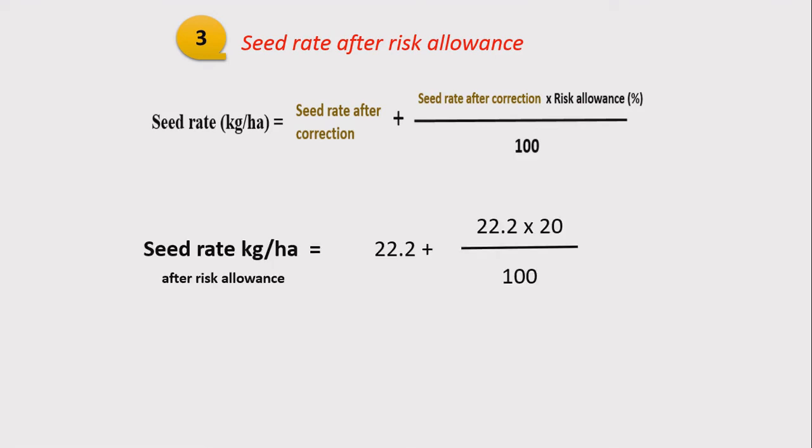Here the seed rate in kg per hectare after risk allowance is equal to 22.2 plus 22.2 into 20 divided by 100, which is 26.6 kg per hectare. So this is the seed requirement for the cultivation of the rice nursery.